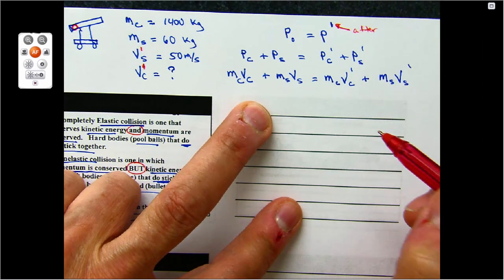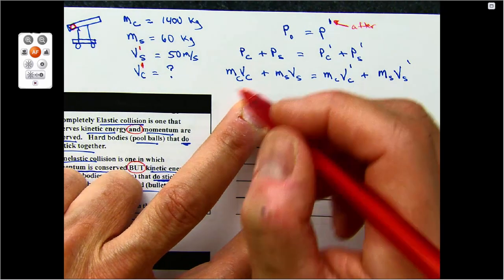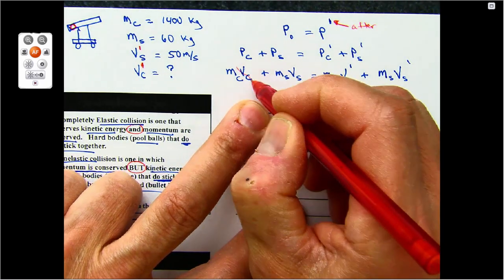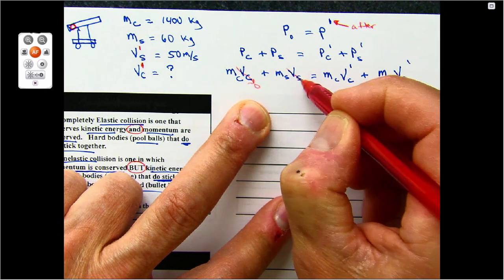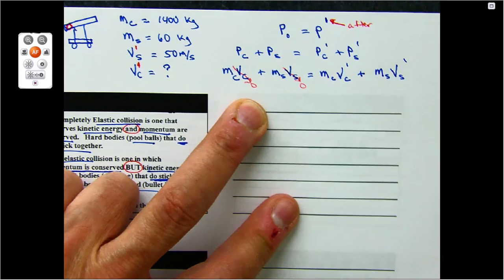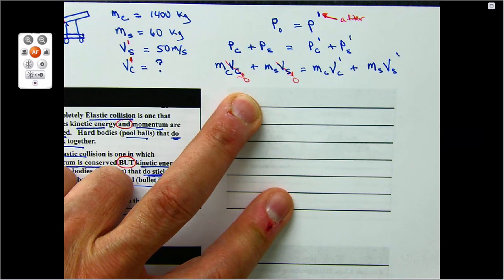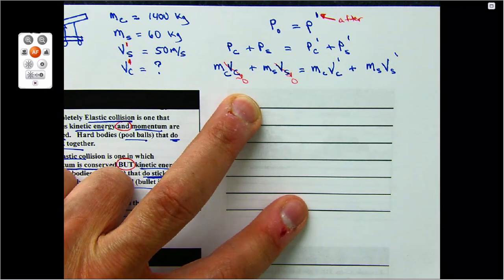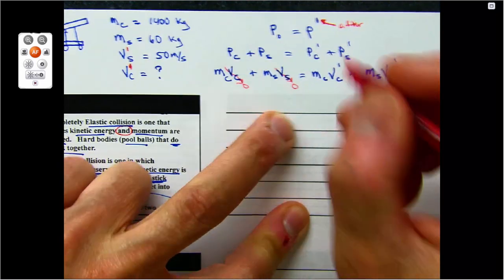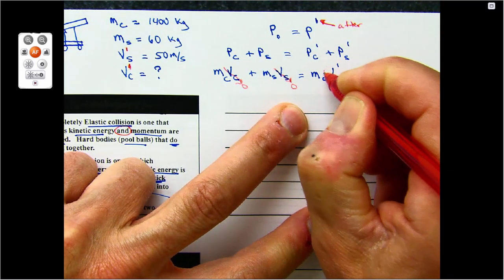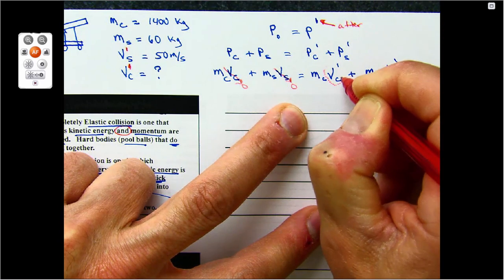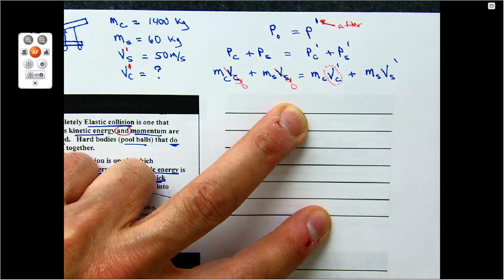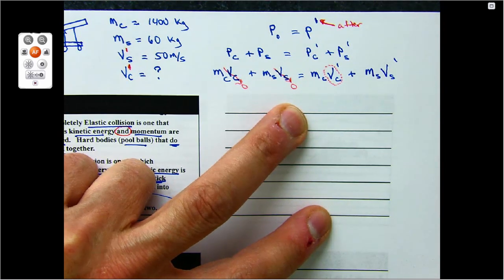But before the explosion, these aren't moving, so we get rid of this entire left side. And we're looking for the velocity of the cannon prime, right?